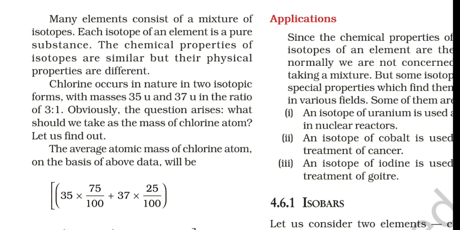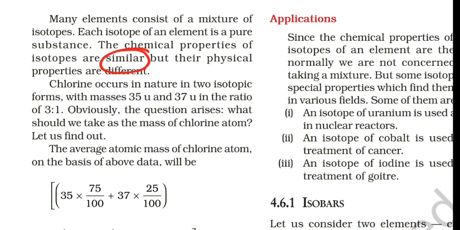In the same way, if you see a particular element, suppose carbon, hydrogen or chlorine, or any other element, they have a mixture of different isotopes. One element has a mixture of different isotopes. Each isotope of the element is a pure substance. The chemical properties of isotopes are similar.